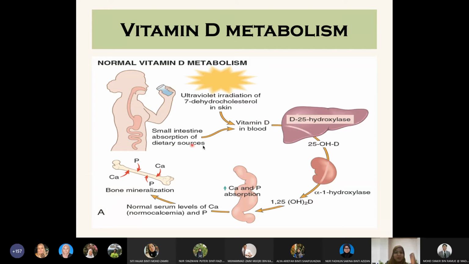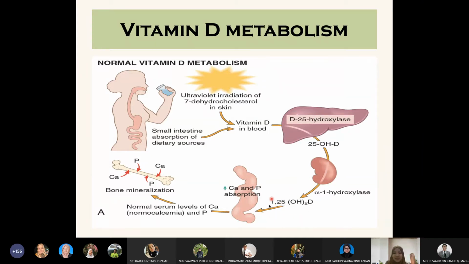So you get it from these two, it will go to the liver, and this enzyme, the 25 vitamin D hydroxylase, will convert this vitamin D into 25 hydroxy vitamin D, and then it will go to the kidney. In the kidney, you have an enzyme called alpha-1 hydroxylase, which will convert the inactive vitamin D to the active vitamin D. This is the active vitamin D, which is called the calcitriol or 1,25 dihydroxy vitamin D.